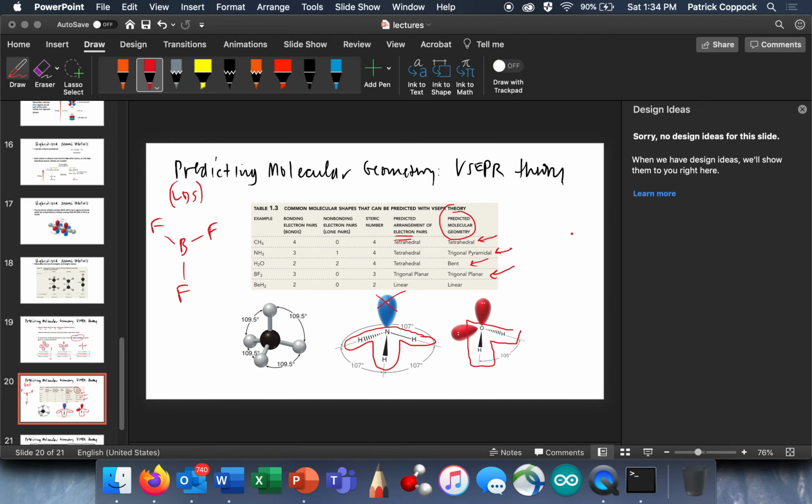Since they're all atoms, its molecular shape is also trigonal planar, okay? And BeH2 looks like this. And there is a lone pair of electrons on BeH2. So that steric number is going to be 3, 2 sigma bonds and a lone pair of electrons. Oh no, I'm wrong.